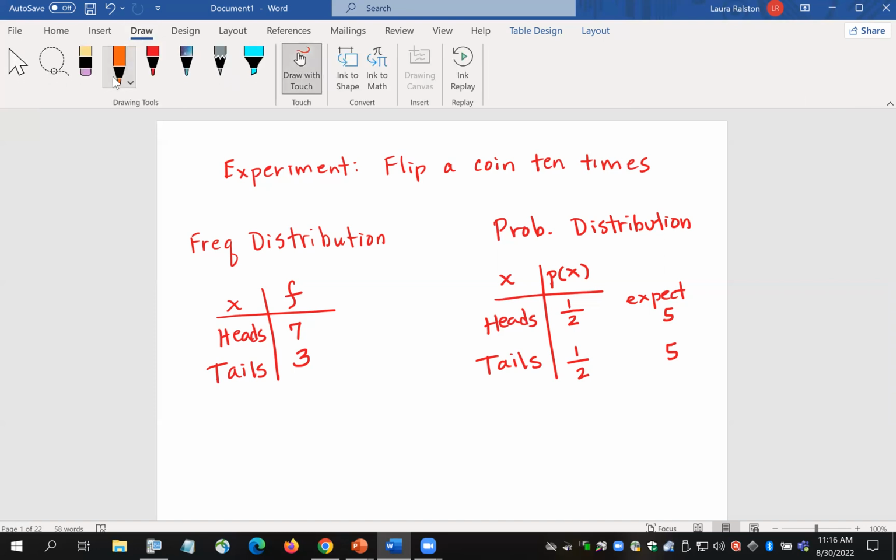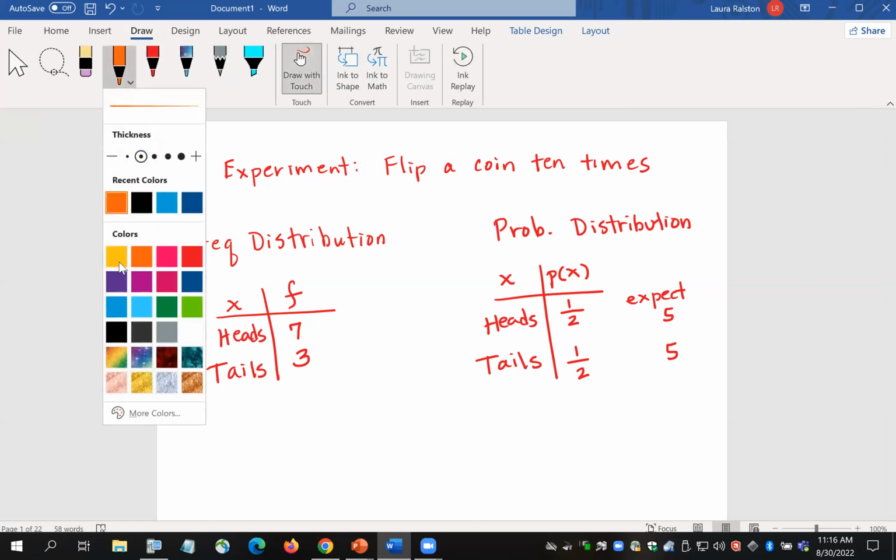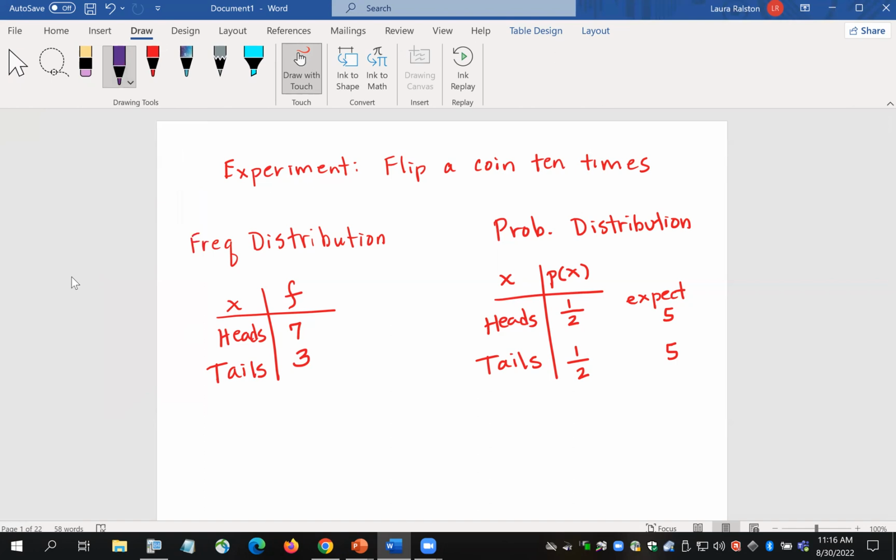So if we go back here to our example of flipping a coin 10 times and look at this, notice that for heads, we had 1/2, which we could have written as 0.5 or as 50%.